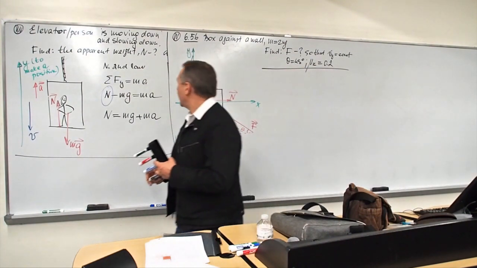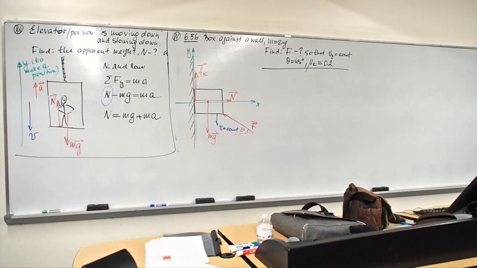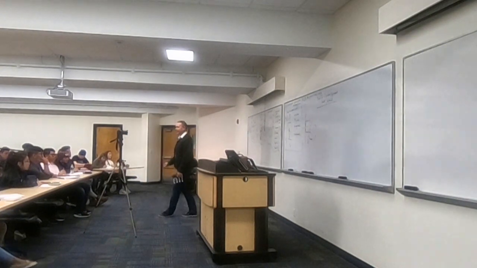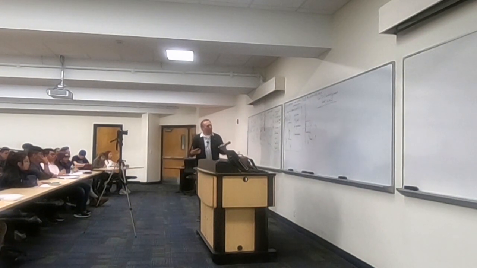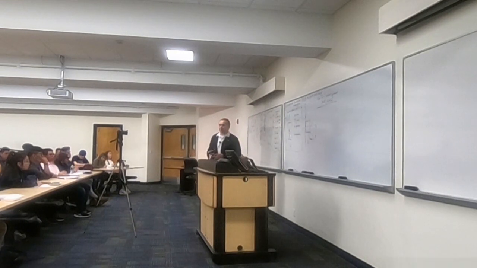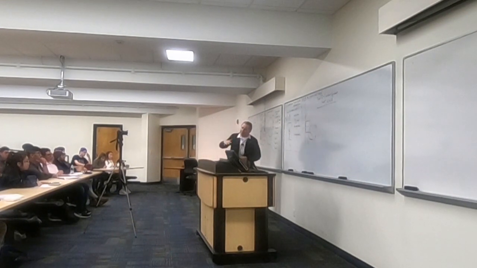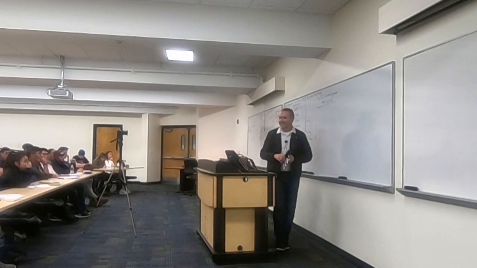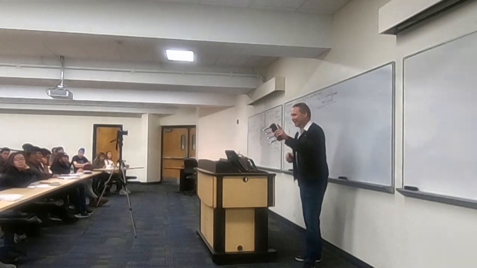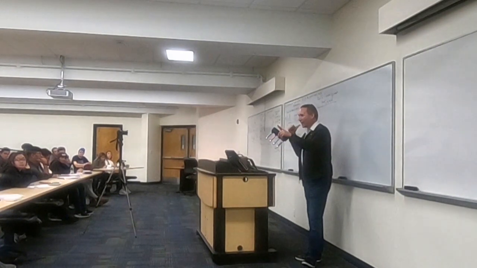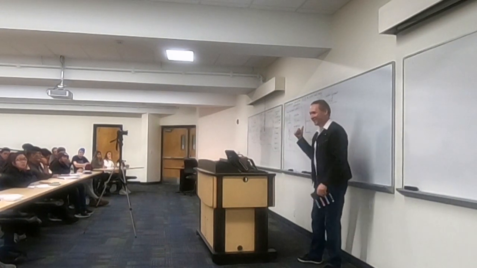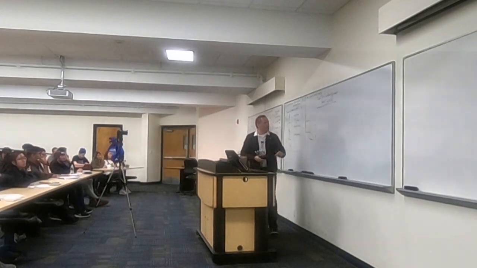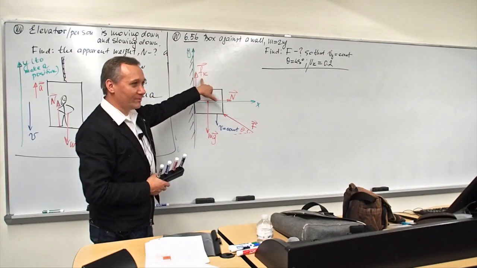Which direction should I start revealing first? X or Y direction? Actually, there's nothing wrong with starting with either of these directions, but in order to have a nice flow of the solution, you think Y direction. Why? Well, you can get kinetic friction because the net force in Y is 0. Is it Y or which direction? Look carefully. You're saying that we will have to deal with the kinetic friction, right?